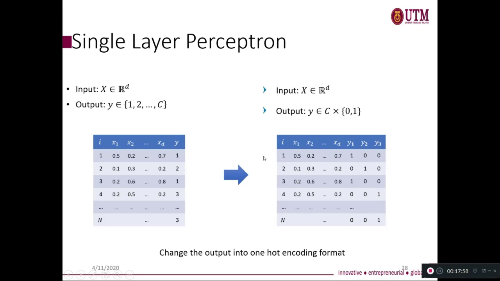Meaning that if you have 3 classes, then the output should be 3. If you have a binary classifier, you will have 2 classes, then the output should be 2.